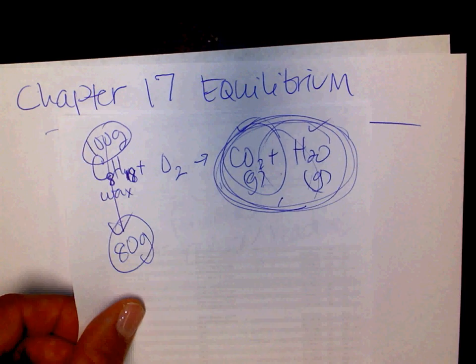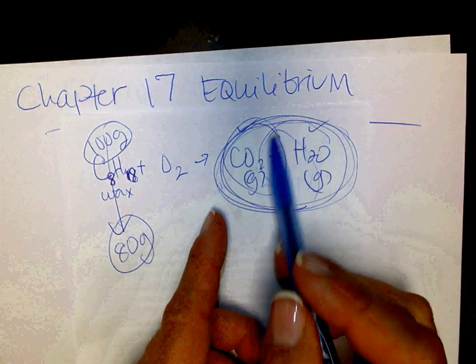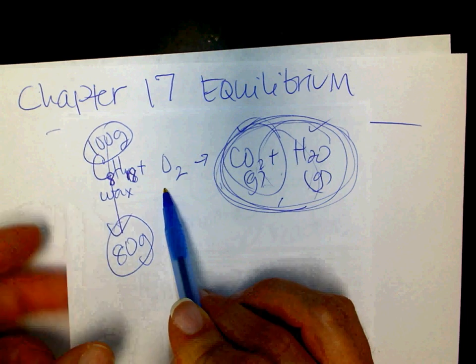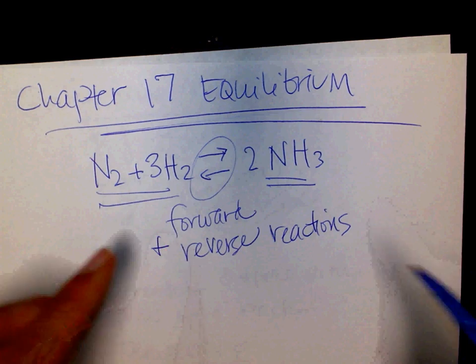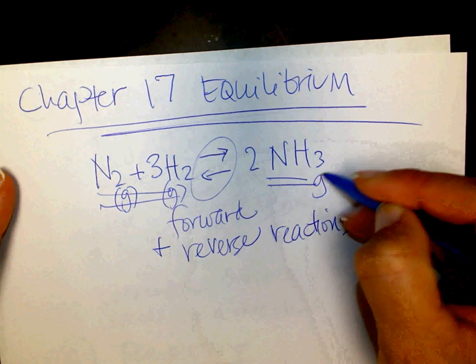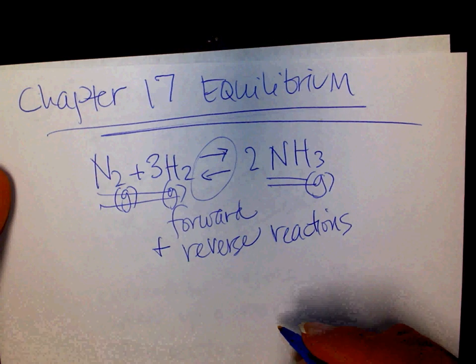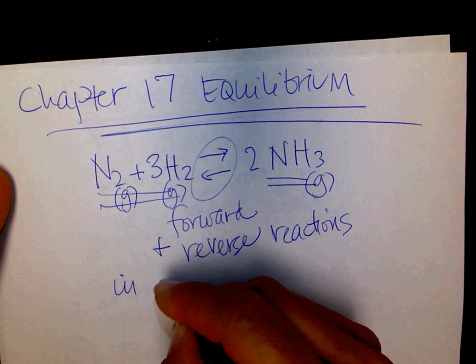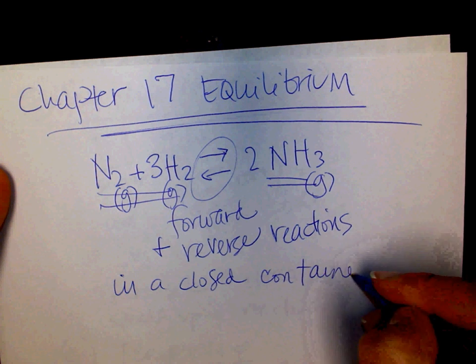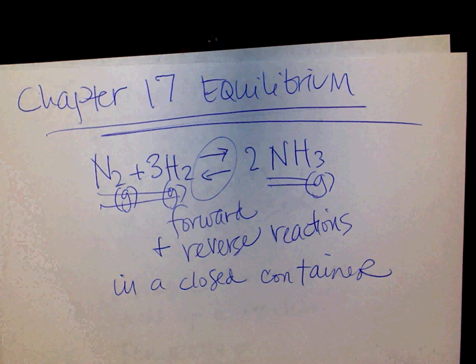They're escaping into the atmosphere. They're not going to be in close enough contact to be forced to make the reactants all over again. That can happen if you have a closed container. In a closed container, your gases can react as both reactants and products.